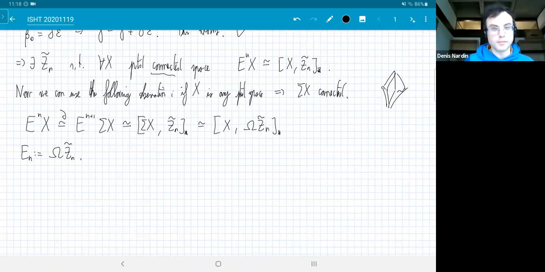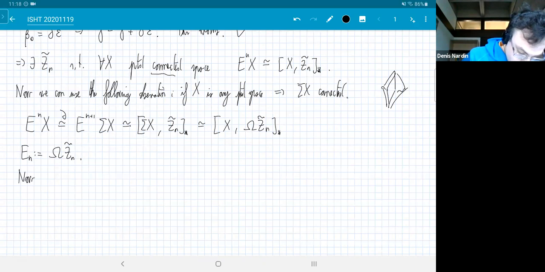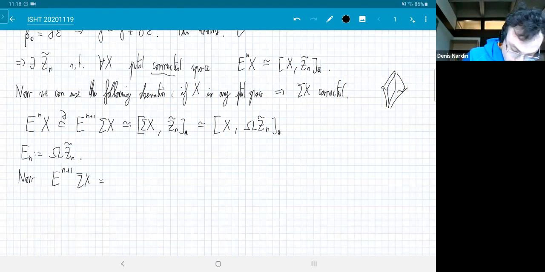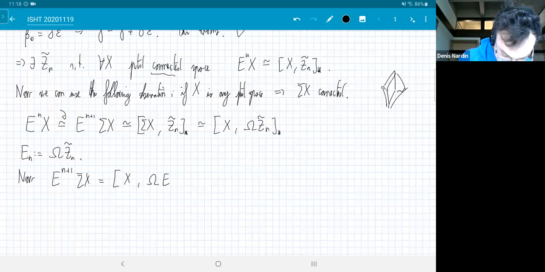In particular, I could give an example with ordinary cohomology. Now we have, as before, E^{n+1}(ΣX) is going to be maps from X to ΩE^{n+1}.